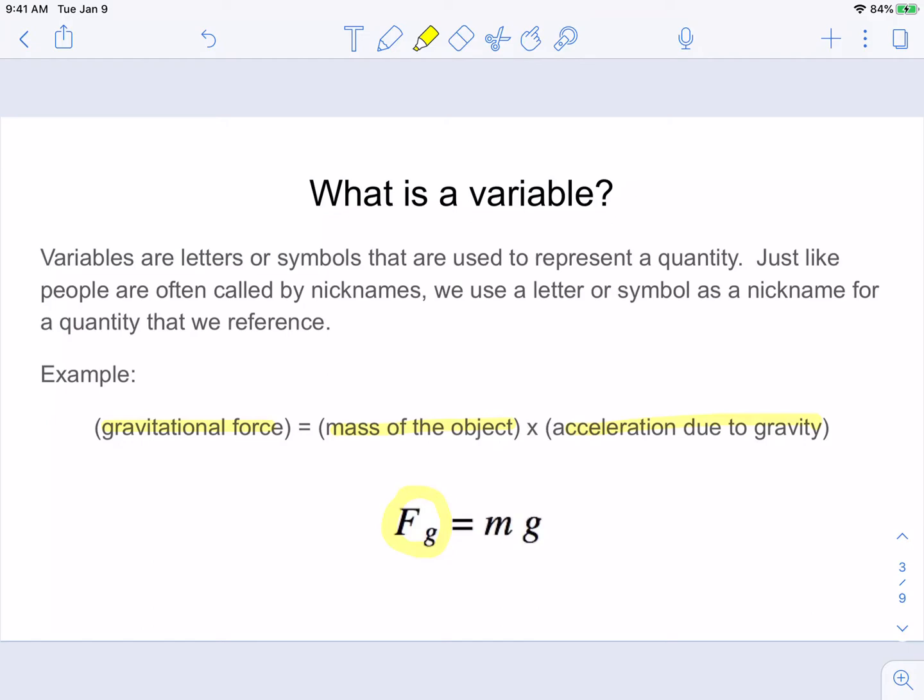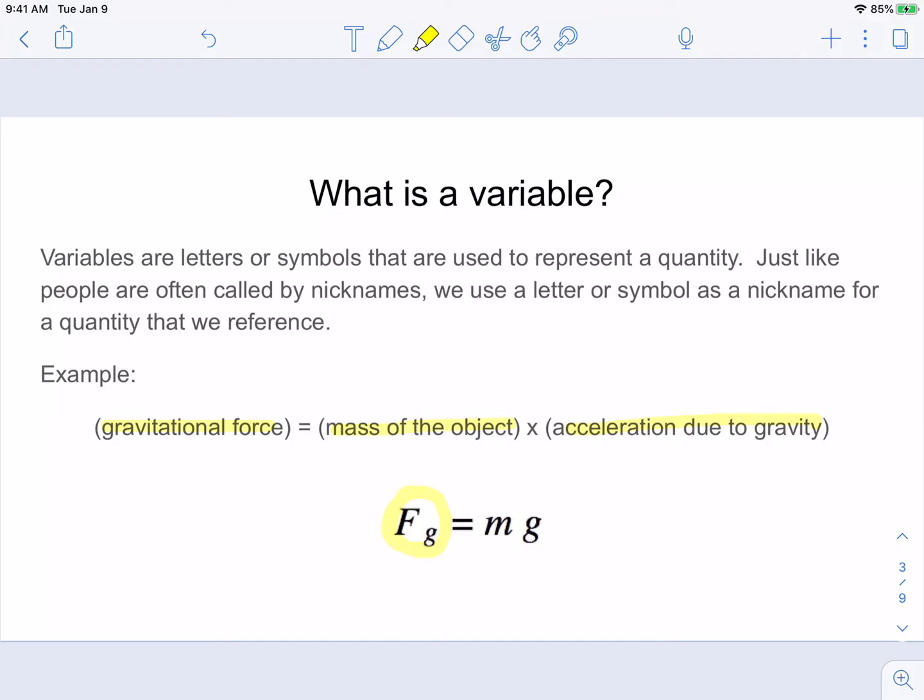It's a capital F, standing for force, and then there's a little g next to it. That's letting me know that the type of force is a gravitational force, and I'm going to talk a little bit more about subscripts, because that's what we have there for that g. But right here, F with that little g next to it stands for gravitational force. That's one variable.